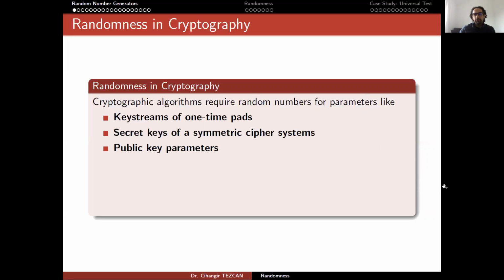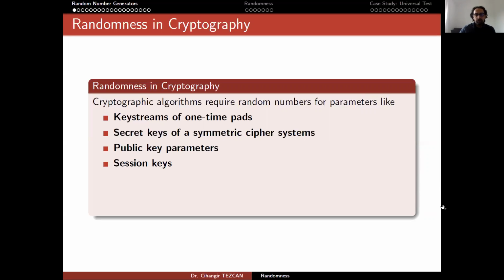Yes, so the public key parameters should also be random. We have examples where you can put backdoors when you choose these parameters in a specific way, which is an example we will be talking about, the Dual Elliptic Curve random number generator, where the random number generator actually had a backdoor due to these selected parameters.